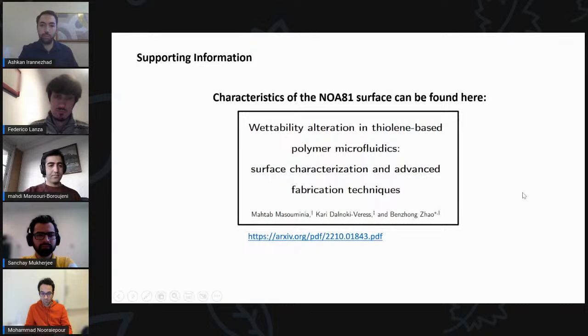I think this would be a very beneficial paper to read and understand all details of that. But overall, the system is very smooth, and the roughnesses are as small as a few nanometers, both in water wet and oil wet systems. Okay, great.